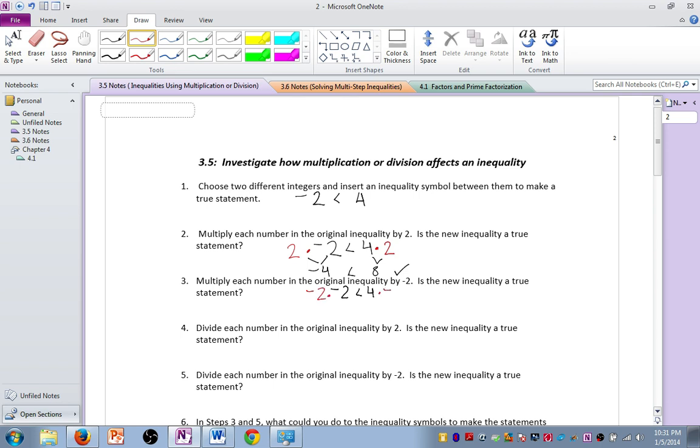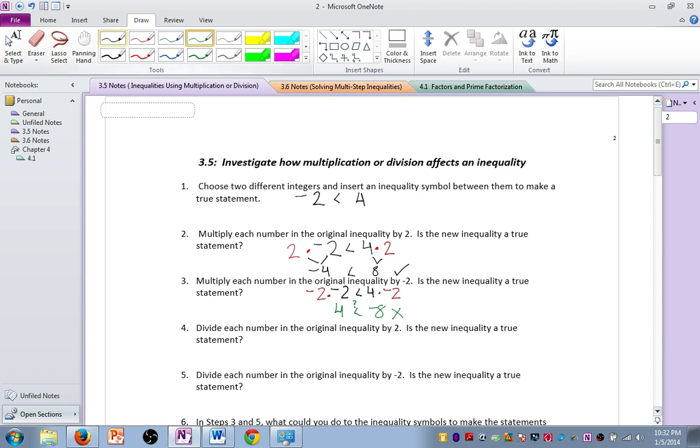And how does that now affect our answer? -2 times a -2 gives us a +4. 4 times a -2 gives us a -8. Is 4 less than -8? No, it's not. That is not a true statement.